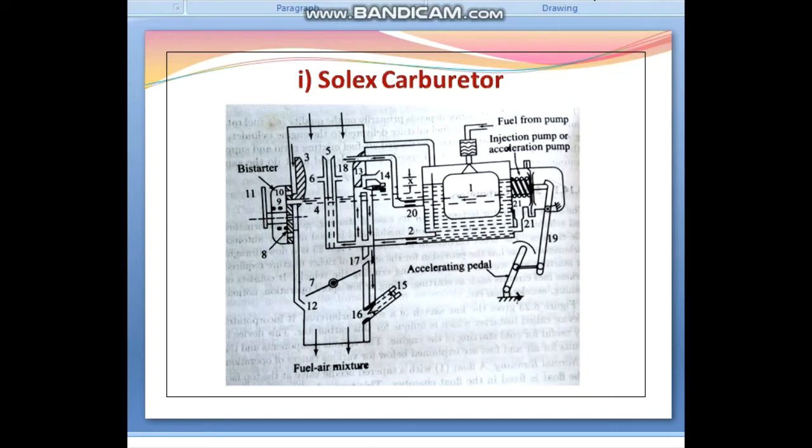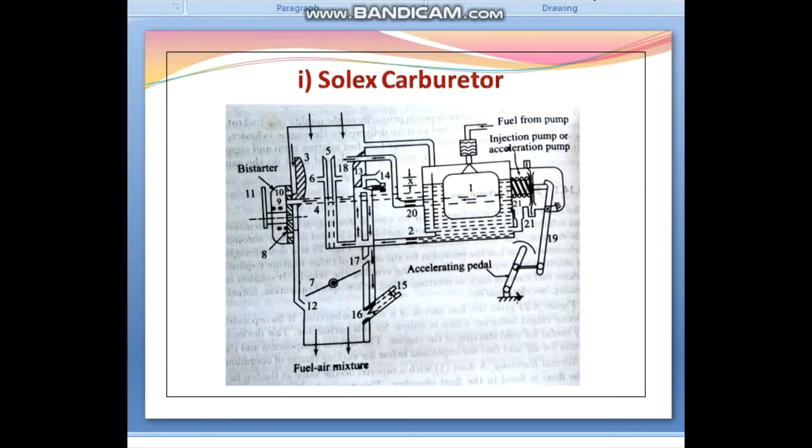In order to change over smoothly from the idling and low speed operation to the main jet operation without flat spot, there is a bypass orifice, that is number 17, on the venturi side of the throttle valve.